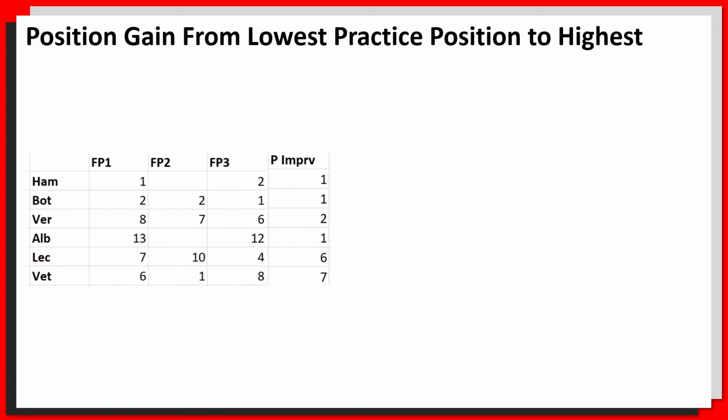If I just pull up a section from my Excel database, we can see the top 6 drivers: Hamilton, Bottas, Verstappen, Albon, Leclerc and Vettel, and their positions in their FP1 performance, FP2 performance and FP3 performance. Now, sadly, my screenshots were a little bit iffy and the practice improvement score hasn't quite lined up how I would like it to, but this is simply your lowest position, the max value in that range, subtract your smallest value in that range.